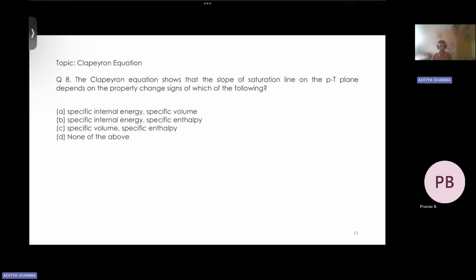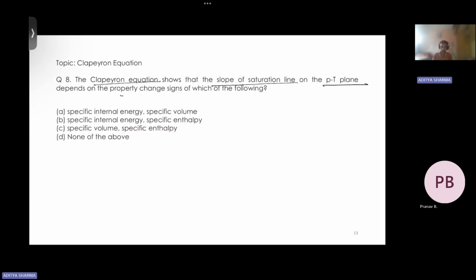So question number 8 is that the Clapeyron equation shows that the slope of saturation line on the PT plane, that is phase diagram, depends on the property change signs of which of the following. So this is Clapeyron equation we have to use, and then we need to find the slope of saturation line. Okay, so what is the saturation line? And then the saturation line is on PT plane.